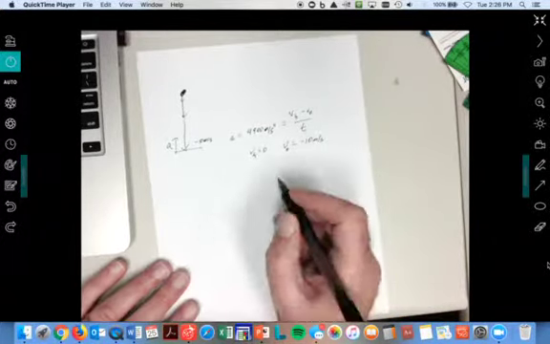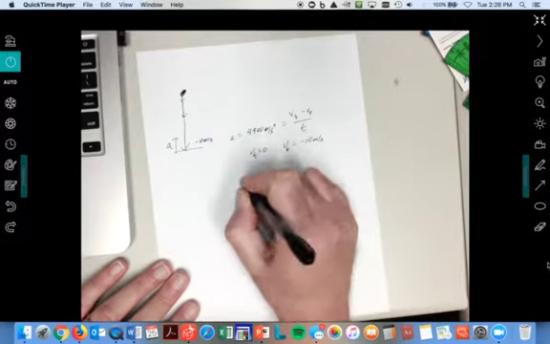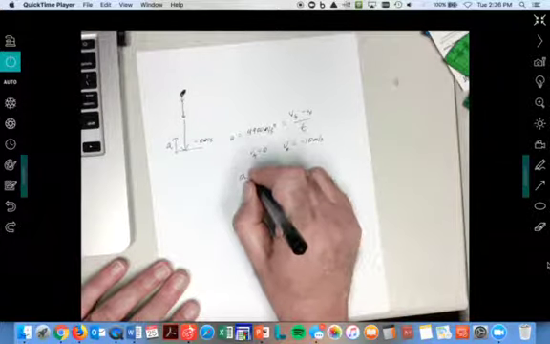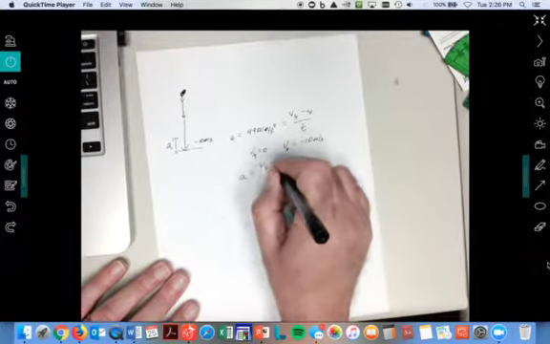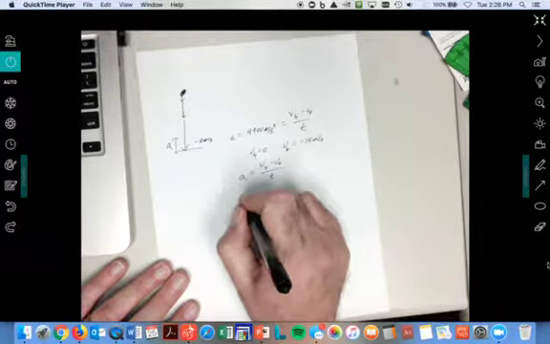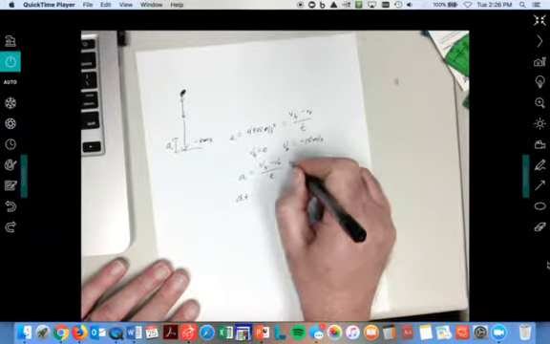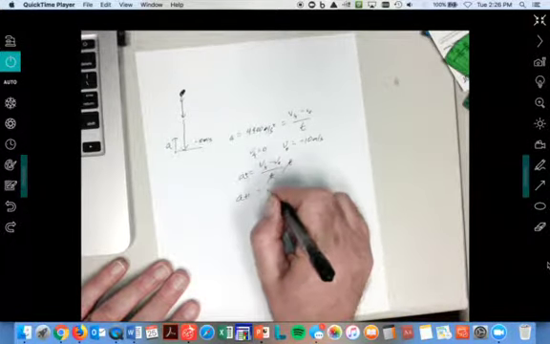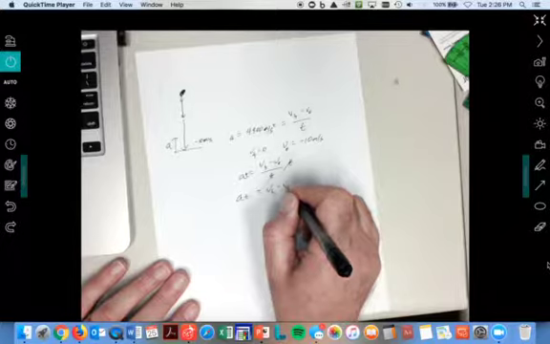So here we go. Let's do it all algebraically. Let's do it really scary. So a is equal to v final minus v naught divided by t. Multiply both sides by t. a t is equal to v final minus v initial.